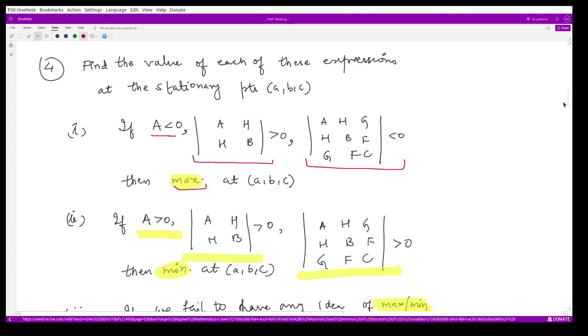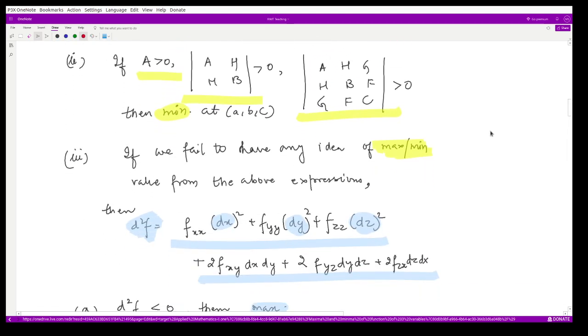If all three are positive, then we will have a minimum at that particular point (a, b, c).